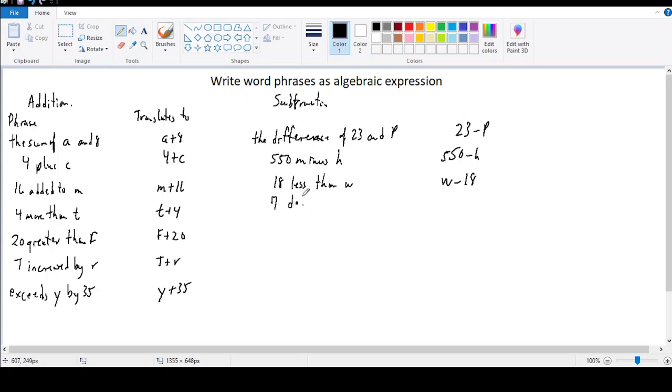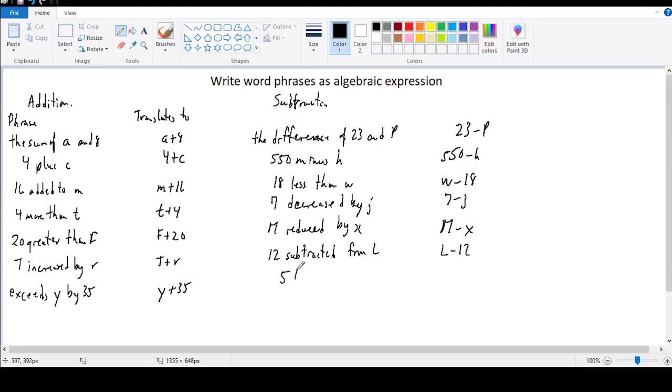7 decreased by j simply means subtract j from 7. m reduced by x, so x will be subtracted from m. 12 subtracted from L, in other words L less 12. 5 less F, in other words subtract F from 5.